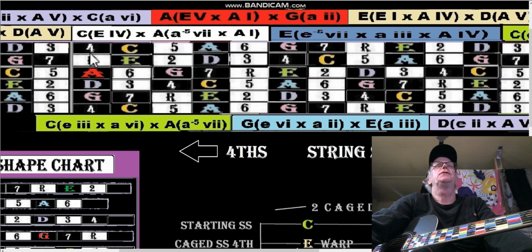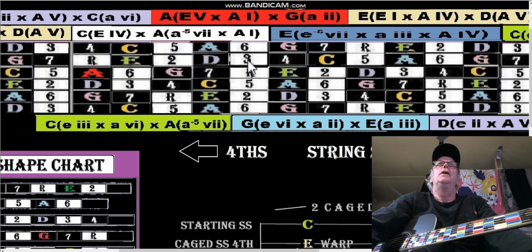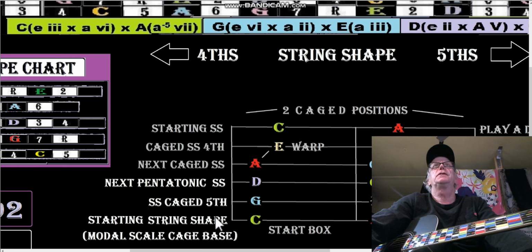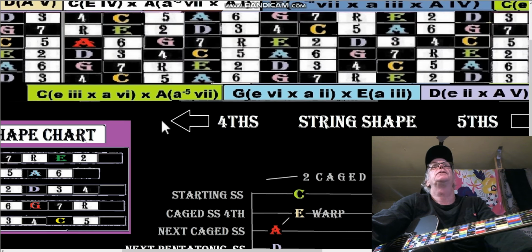The string shaped fourth is always, for the most part, the string underneath. We've got root 2, 3 there. So that is how we would get back to the same starting string shape. The starting string shape on the bottom and the top string are the same.